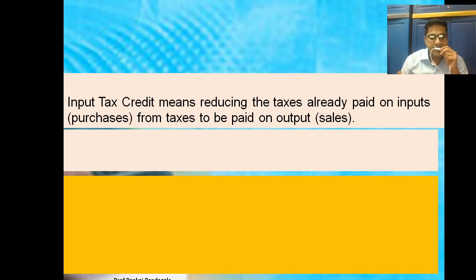We are paying the taxes two times on the same goods, at the time of purchase and at the time of sale. Therefore, this concept is introduced and it is called input tax credit.